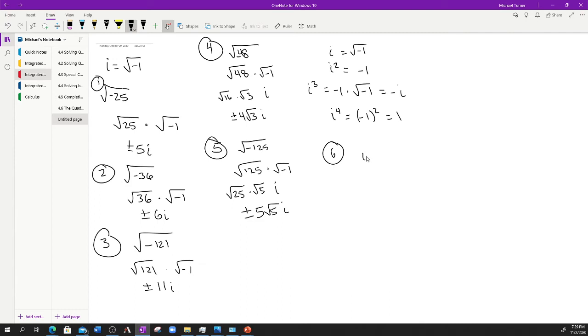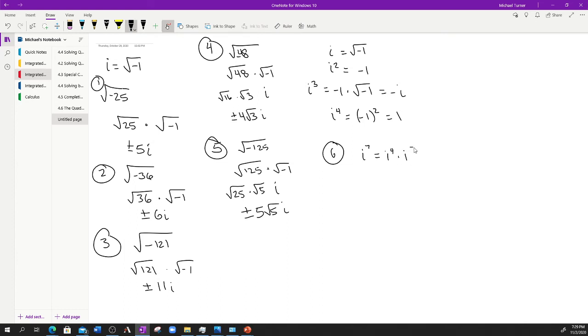So for instance, let's say I asked you to simplify i to the seventh power. What you're going to do here is look at which one of these terms, if I divide out a factor of 4, what am I left with? So for instance, i to the seventh power, if I divide out an i to the fourth power, which would just be 1, and you could write this step if you need to, but not necessary.